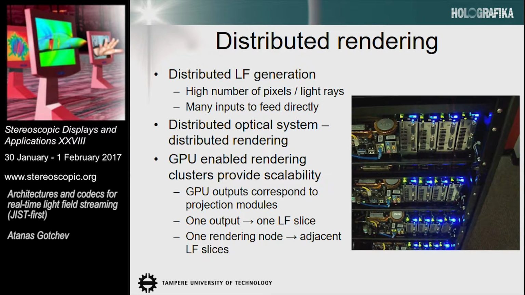When we are doing this, we need computing power, which is usually supported by GPUs. So we have rendering nodes. Usually one rendering node supports several neighboring projectors. And one GPU output is usually running one light field slice.